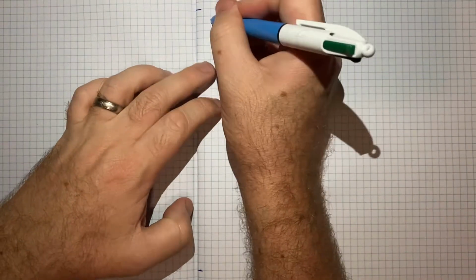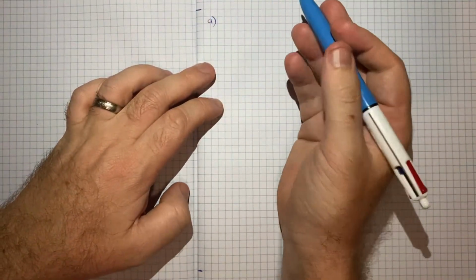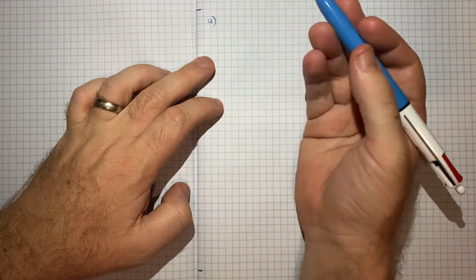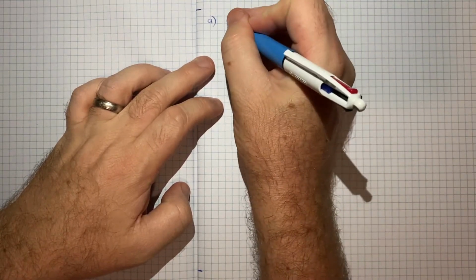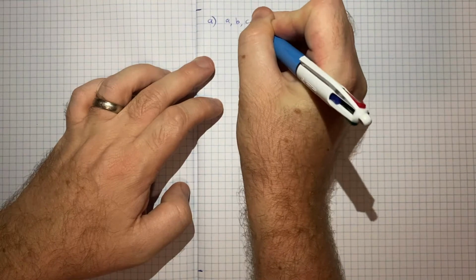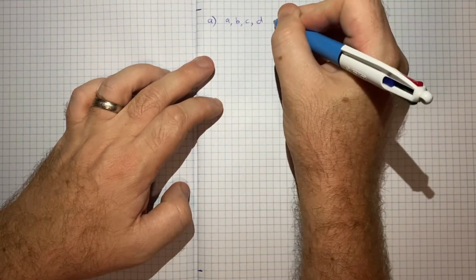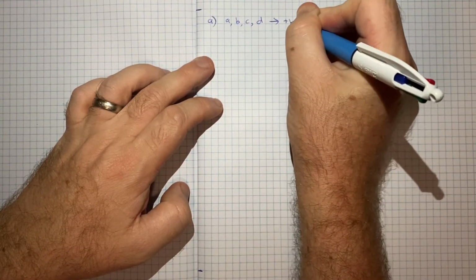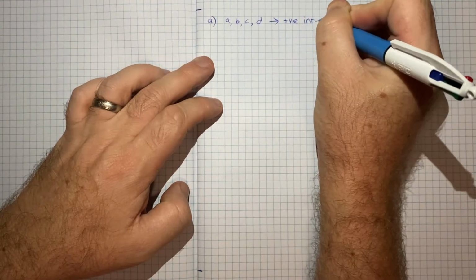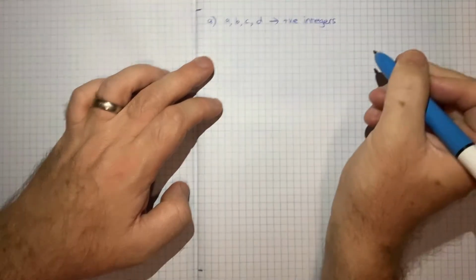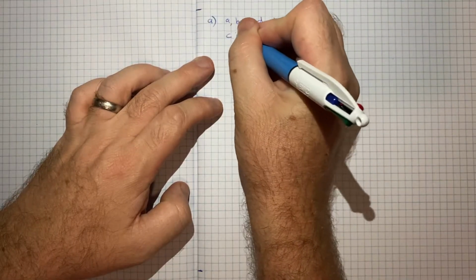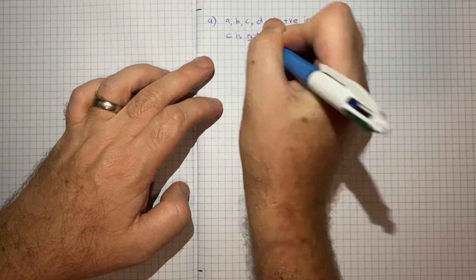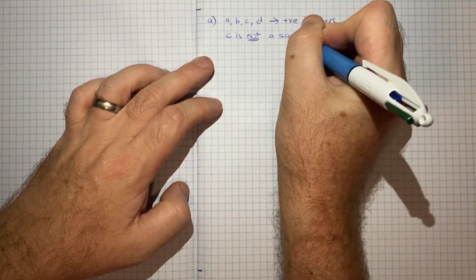So for part A, let's write out some of these key pieces of information because we'll need to reference them. We know A, B, C, and D are positive integers, and we also know C is not a square.